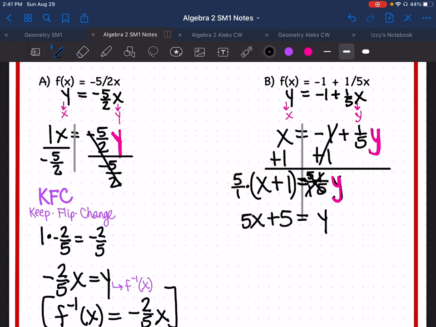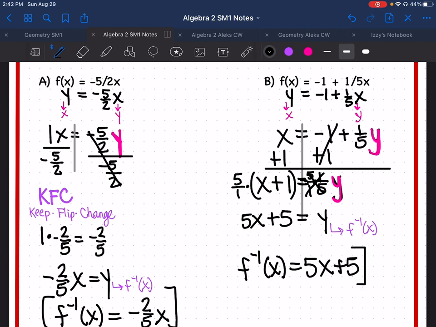That wasn't as scary as I thought it was going to be. Now I just have to go ahead and take my y and change it to my inverse notation, which is this guy right here. And I'm going to say f of negative 1 of x is equal to 5x plus 5. There we go.